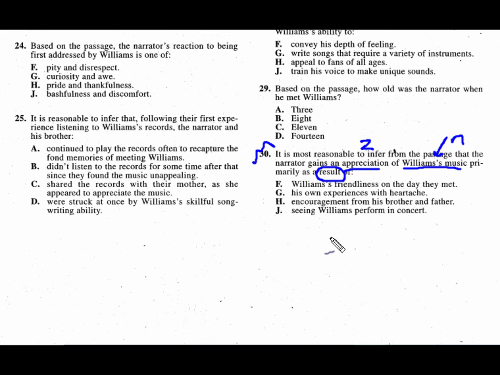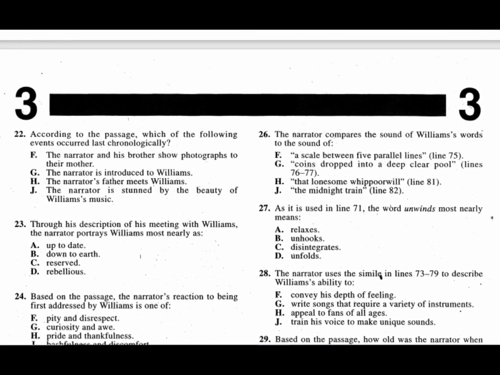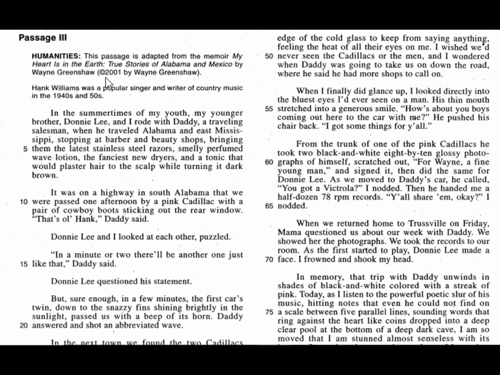So this passage, if you go back up here and you read the title, is about a kid that makes an acquaintance with his dad right here, adapted from the memoirs Heart Is in Earth, True Stories, Alabama, Mexico, whatever. Hank Williams, popular songwriter.